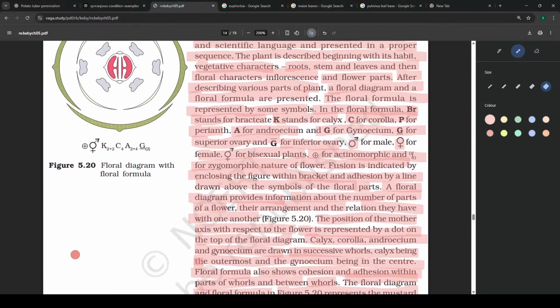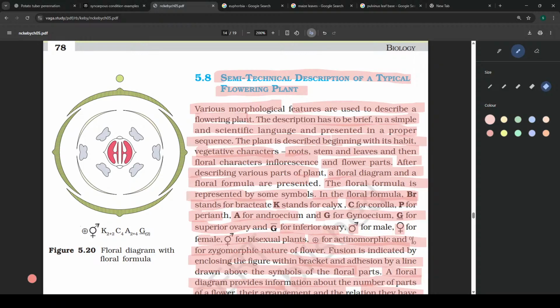The Brassicaceae family, floral diagram with floral formula. We see the diagram here. It's an actinomorphic flower. It is bisexual. 2+2 arrangement of the calyx. And the arrangement, if we see, is imbricate aestivation.